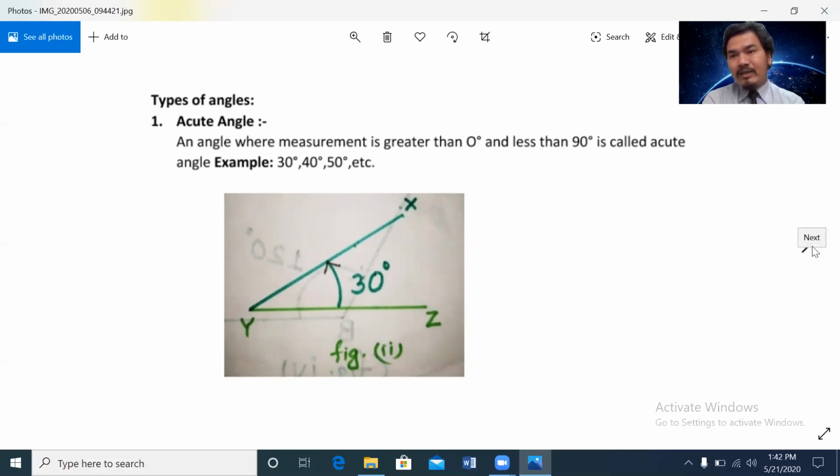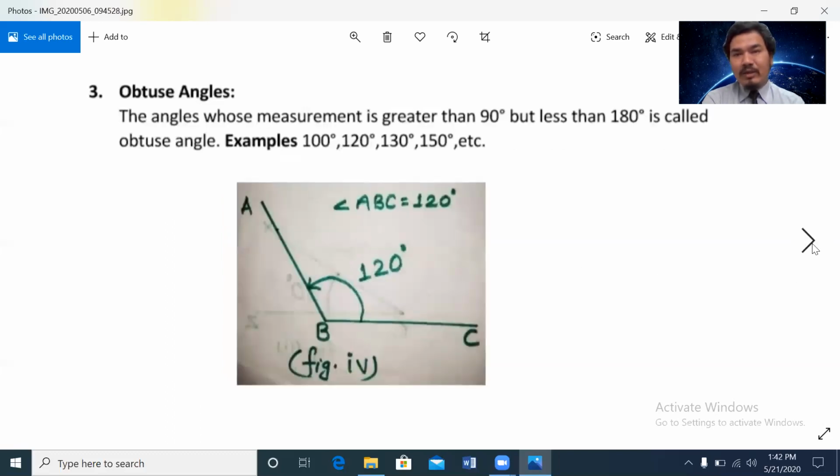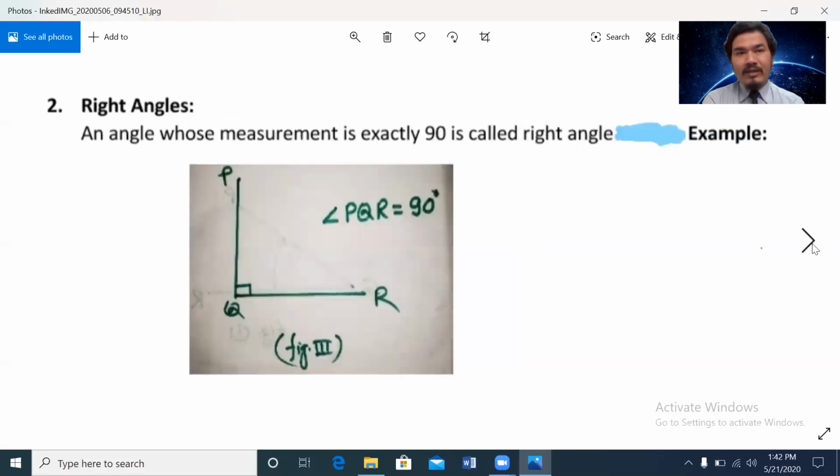Let's start the next topic, the right angle. What is the meaning of right angle? An angle whose measurement is exactly 90 degree is called a right angle. The example is given here below: angle PQR equals 90 degree.